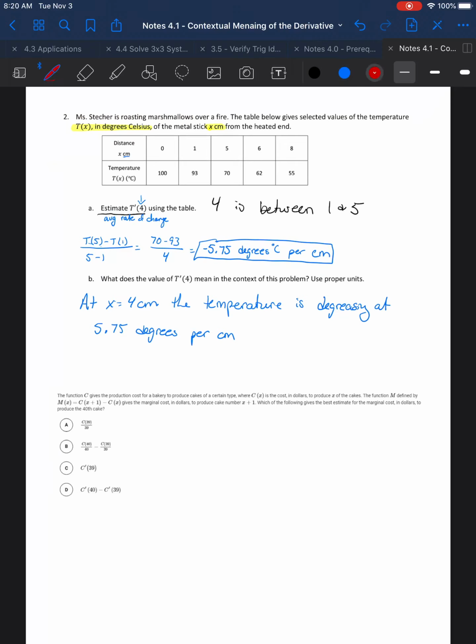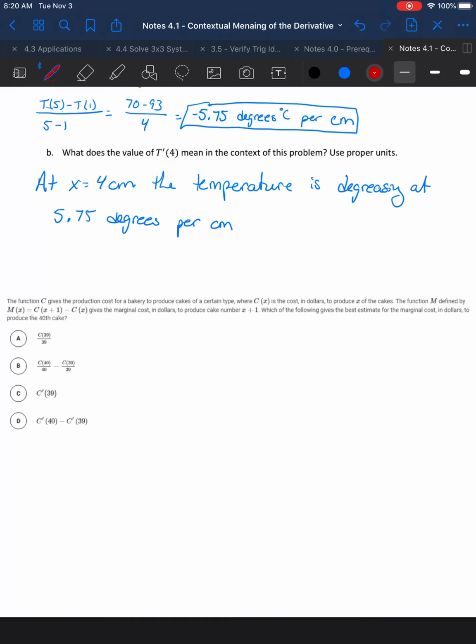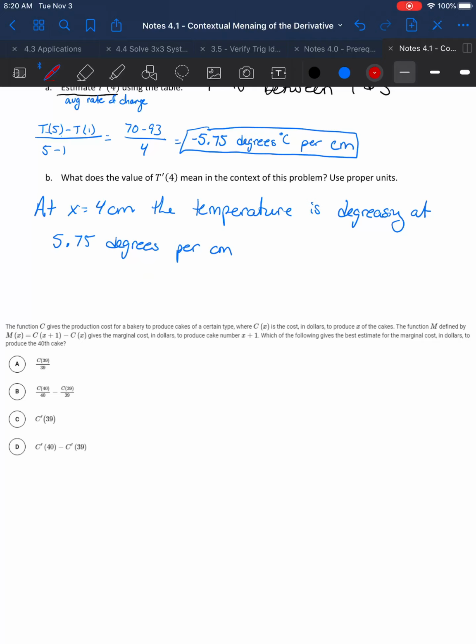All right, this last example is kind of a tricky one, and it's kind of hard to see, and I can't zoom in too much or you'll lose part of the problem, but we're going to look at a couple of things, and I didn't give you marginal cost on your homework. Know that marginal cost is your instantaneous rate of change. Instantaneous rate of change is your derivative.